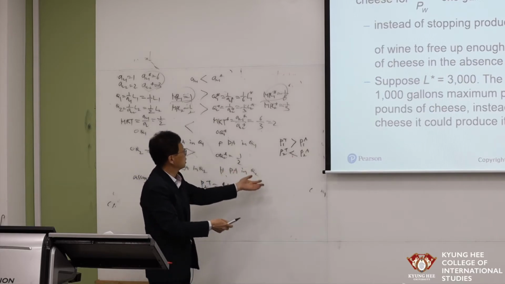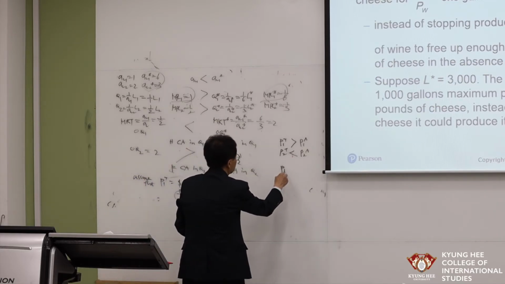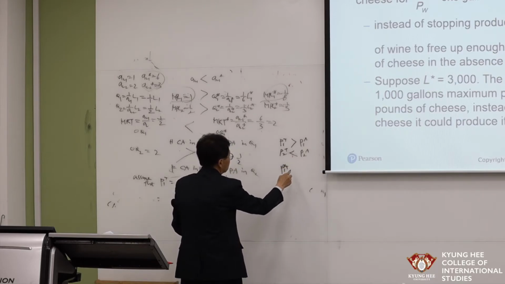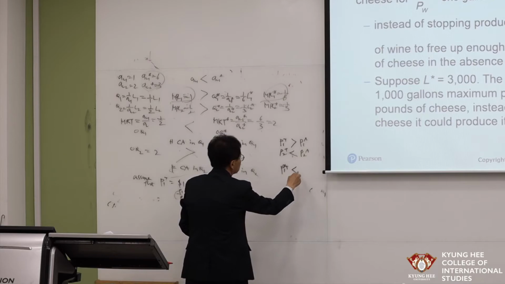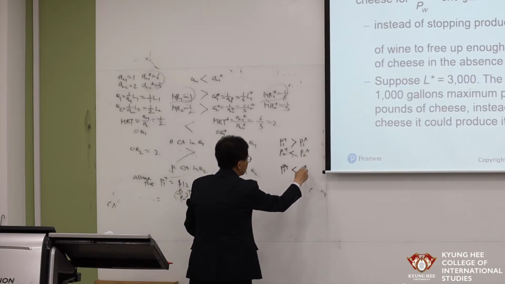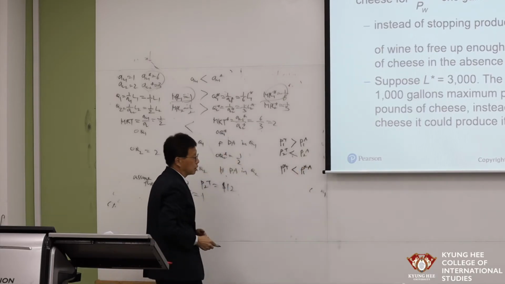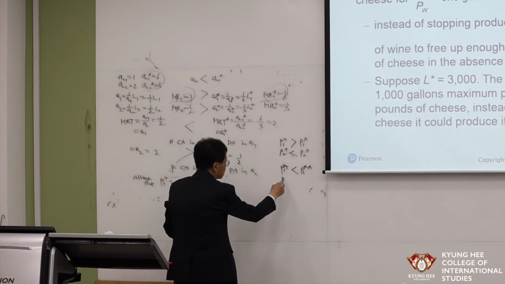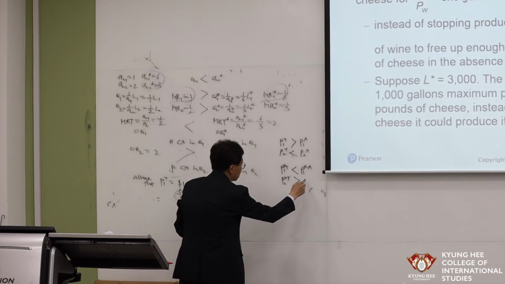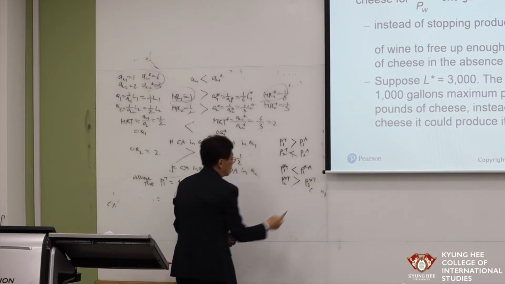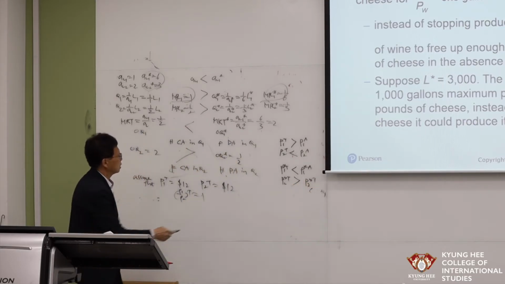And the opposite thing happens in foreign. P1 star T should be smaller than P1 star A, the autarky price in foreign. The comparative advantage good's price after trade increases. So for P2 star T, that kind of thing happens.